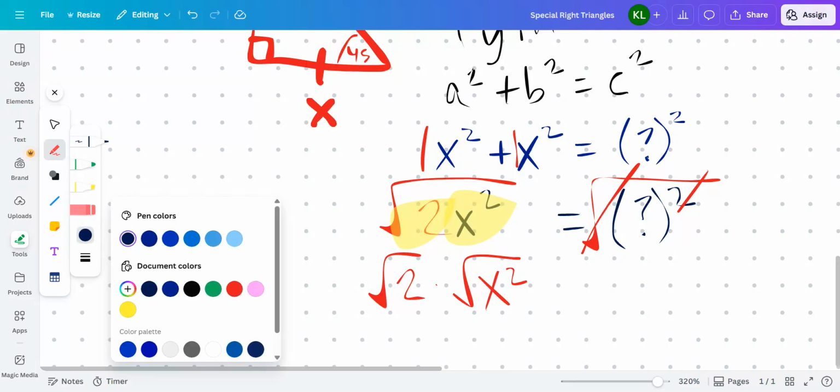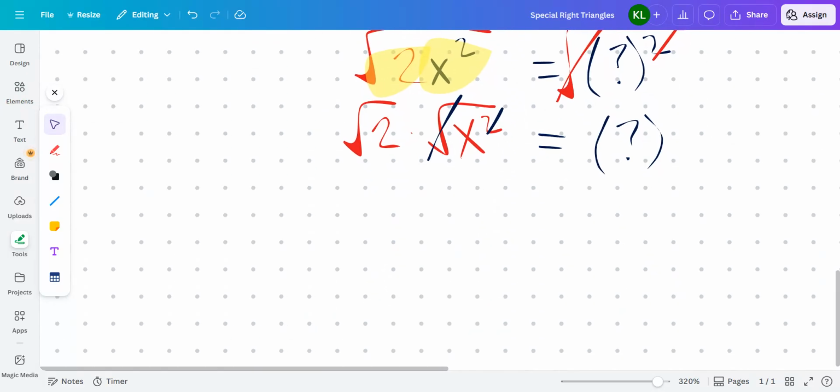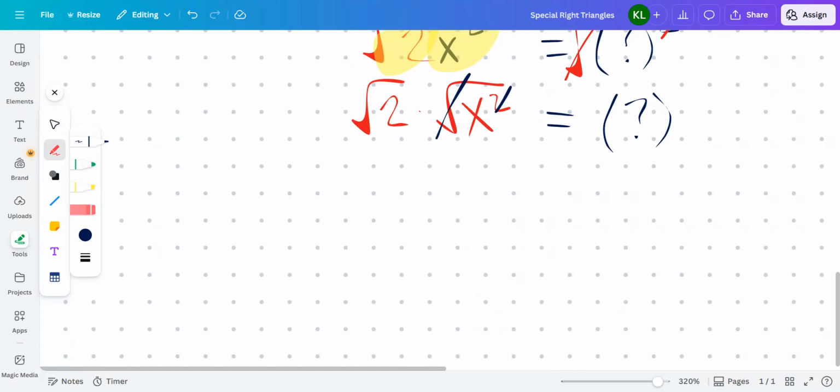And lo and behold, this radical is going to simplify with that power of 2. So that's going to be equal to our unknown value. And that's going to leave us with the square root of 2 times x being equal to that hypotenuse.